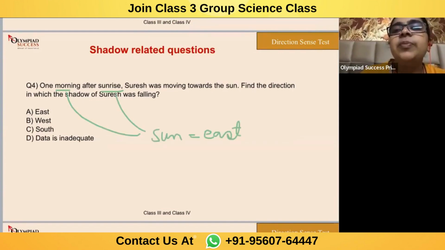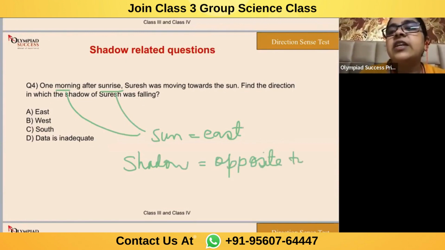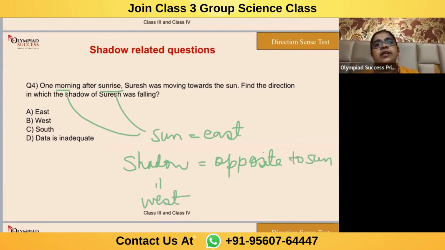And we know the principle that shadow will always fall in the direction opposite to the sun. So if the sun is in the east, of course, the shadow will go in the opposite direction, that is west. Yes, everyone, right, correct answer now. So the west will be the right answer of this question.